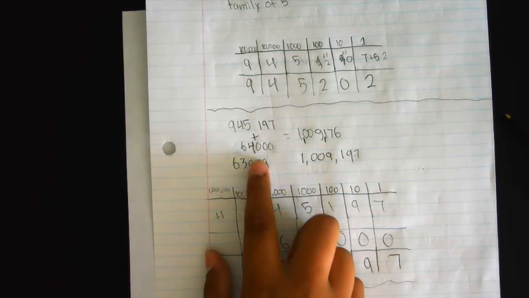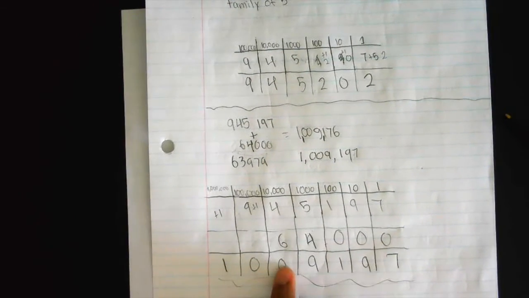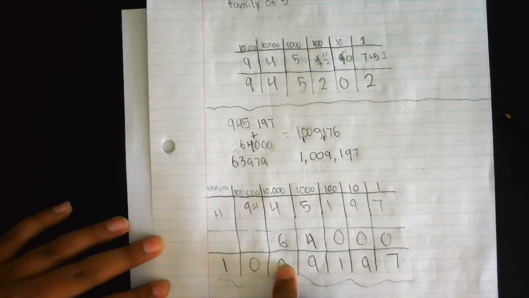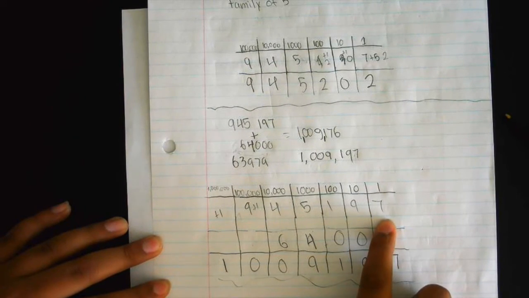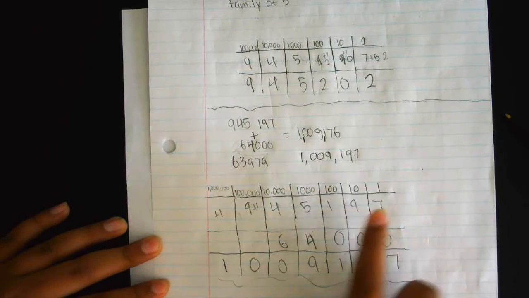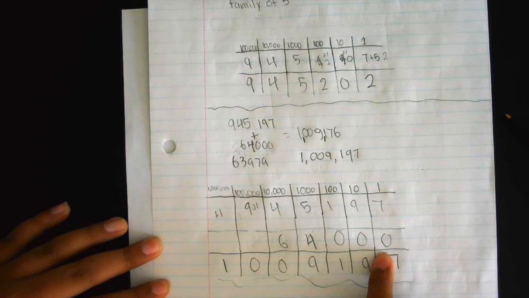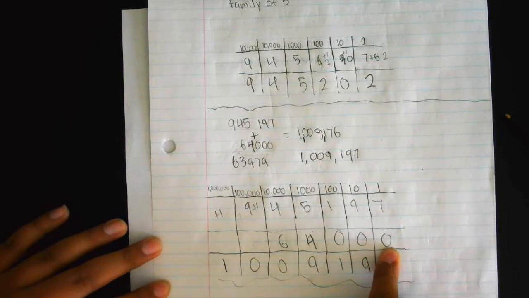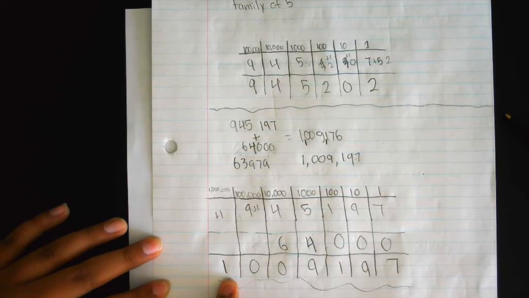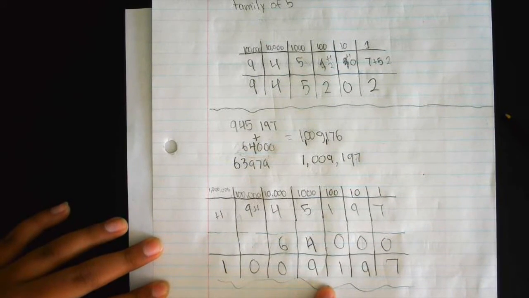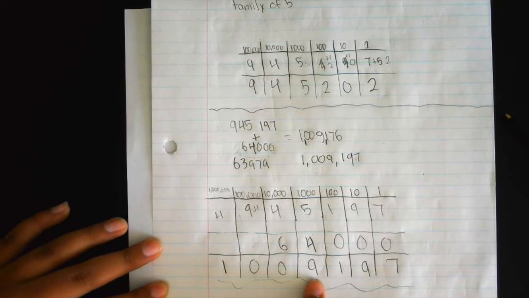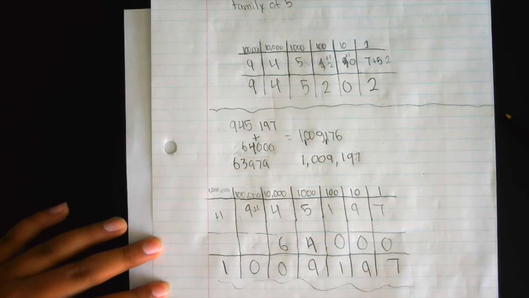From there it made it easier to add 945,197, which was the population of the city, and then 64,000, which we thought would be the population of Maple. And then when you add those two together, you'd get 1,009,197.